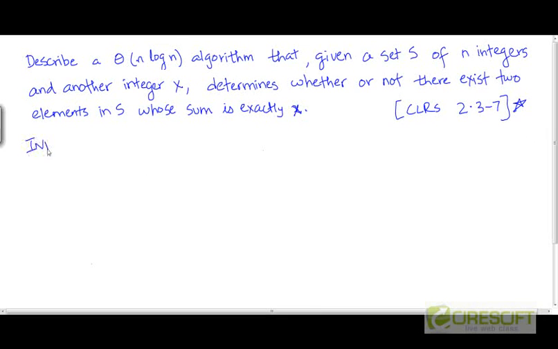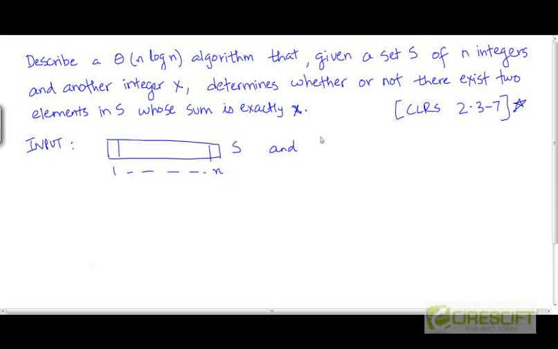So the input to the problem is a set S of n integers. Let's assume they are given to us in an array called S, indexed from 1 to n.